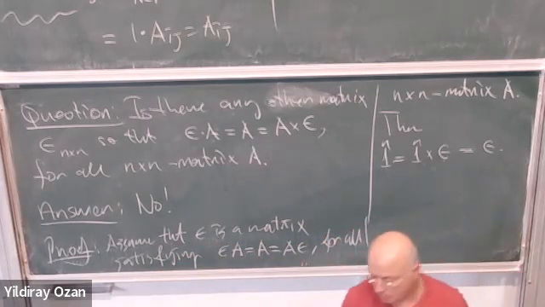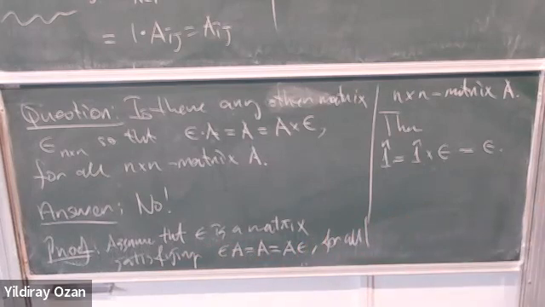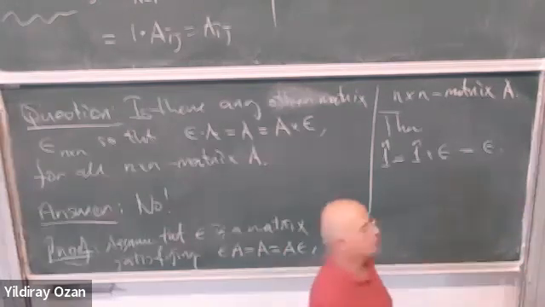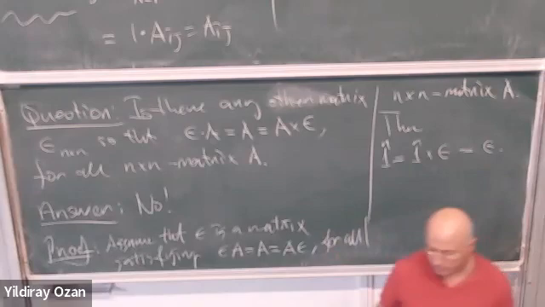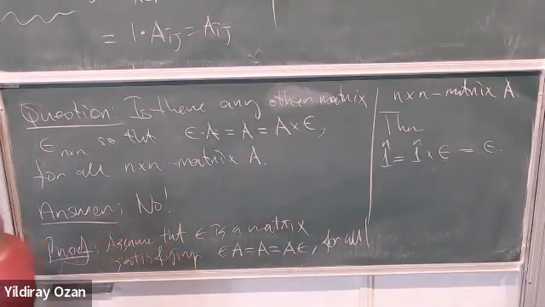Understood? What about the inverse of a matrix? Can we have more than one inverse? Left inverse. Let's see. But here, what I mean by inverse is this.